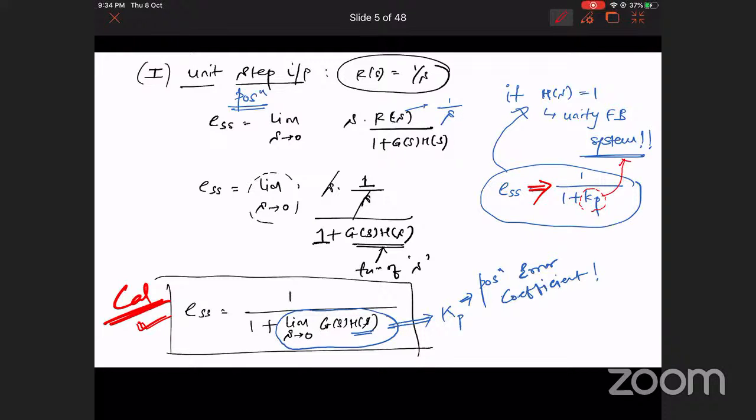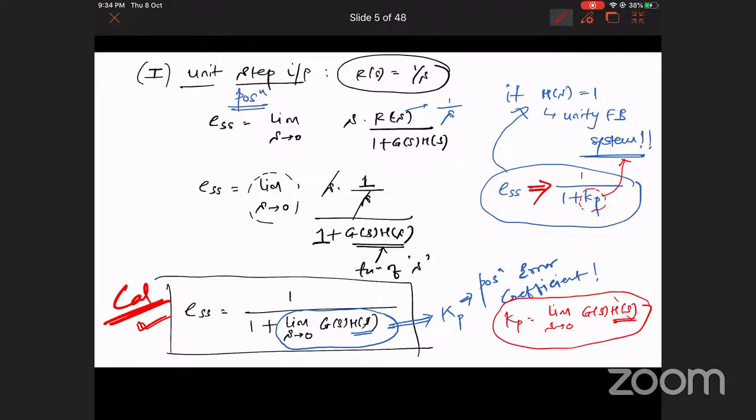So what is Kp? Kp is limit s tends to 0 of g of s into h of s. When h of s equals 1, you can avoid writing h of s and just write limit s tends to 0 of g of s. I'm sure you understood how to get the Kp value.